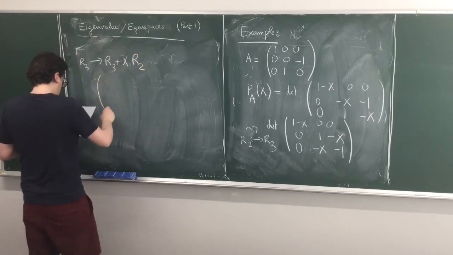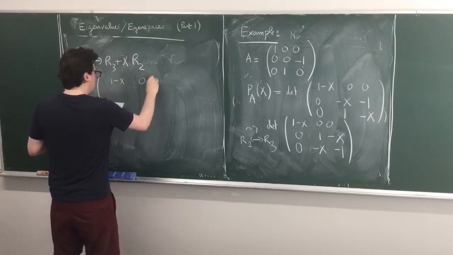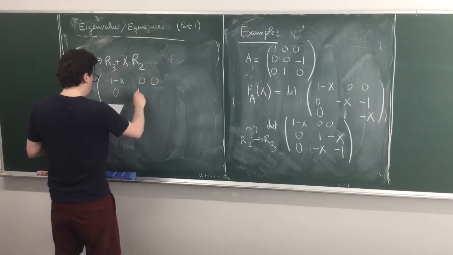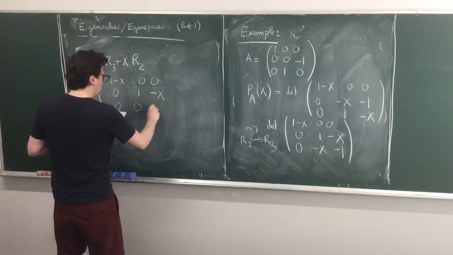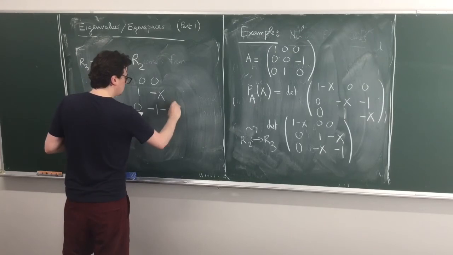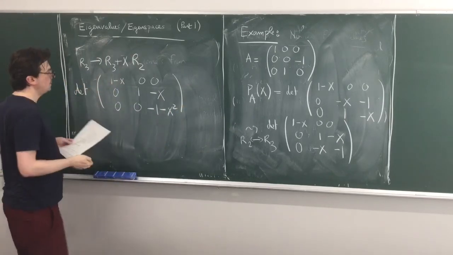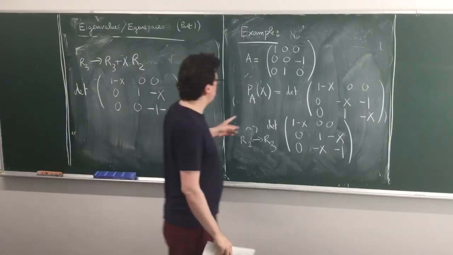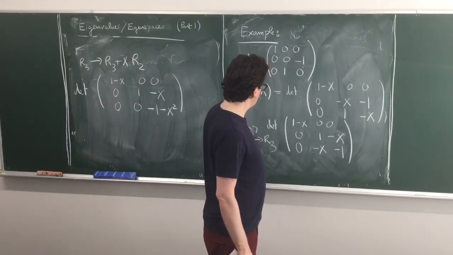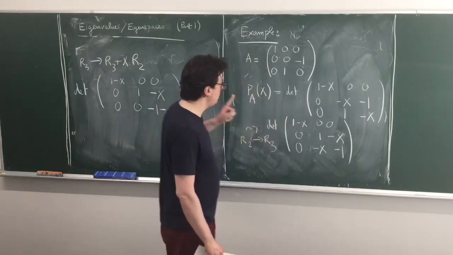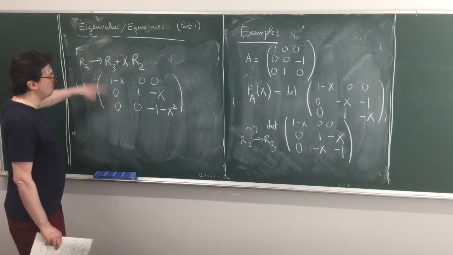If I do that, I get 1 minus x, 0, 0, 0, 1, minus x, and then 0, 0, minus 1 minus x squared. So I have to calculate this determinant. Observe that the determinant, by the swap, is modified by a minus 1, and the determinant is not modified by the second operation.